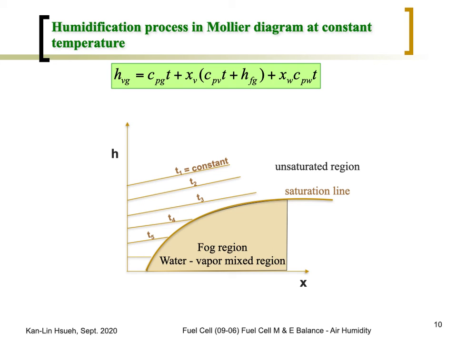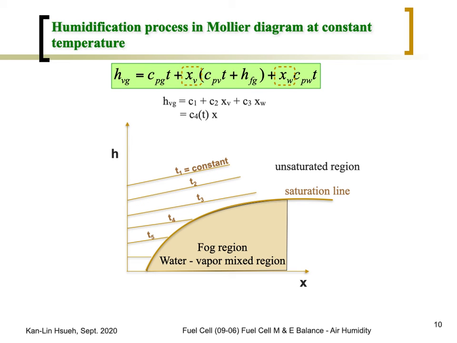If you operate the humidification at a constant temperature, then the point will move along the constant temperature line. This is because in this equation, X_V and X_W are the water amounts inside the air, and if we keep T equal to a constant temperature, then all the other items will be constant.